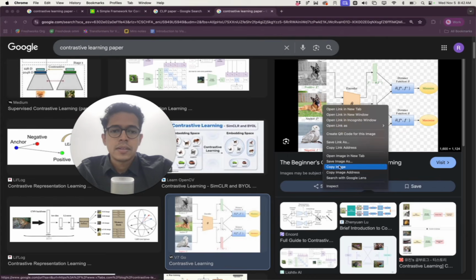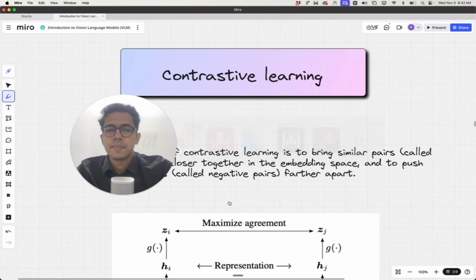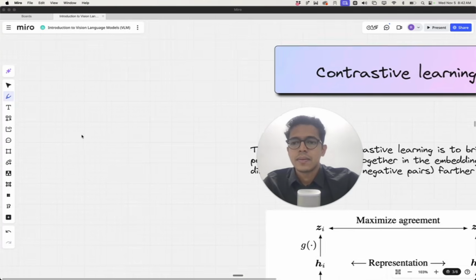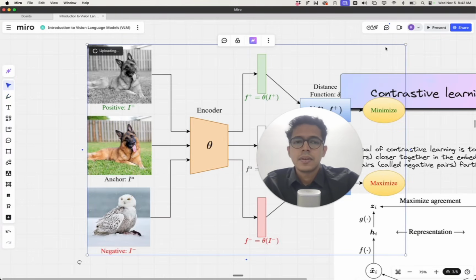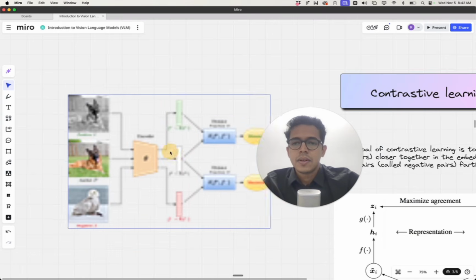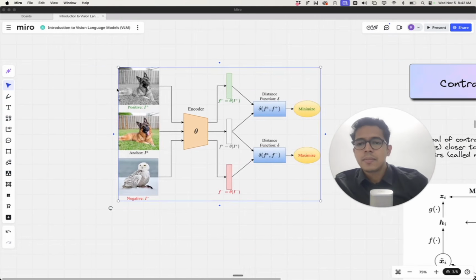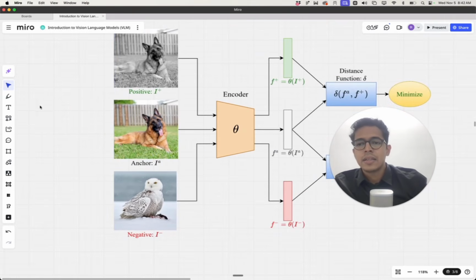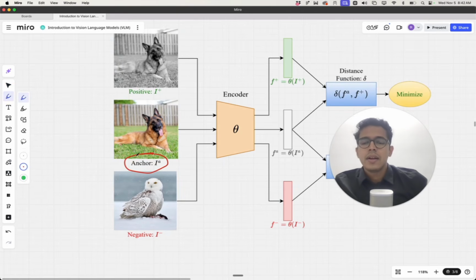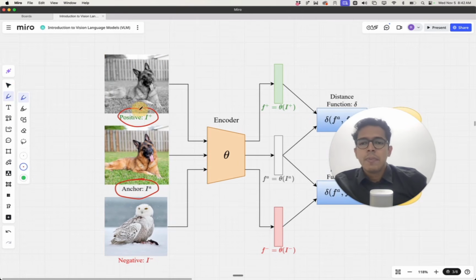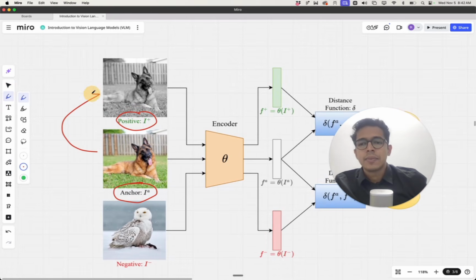Let me copy paste this image. Just have a look at this, okay? This is my anchor, meaning the image that I'm considering right now, the middle image of this dog. This top image is just an augmentation of this image.